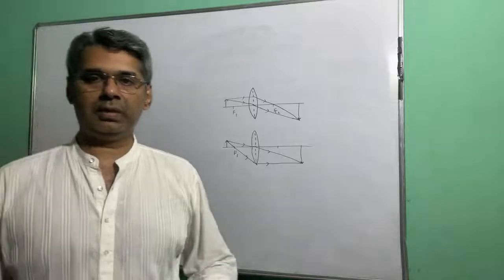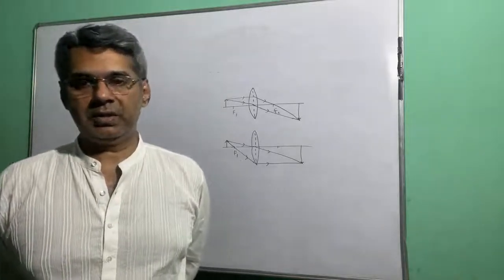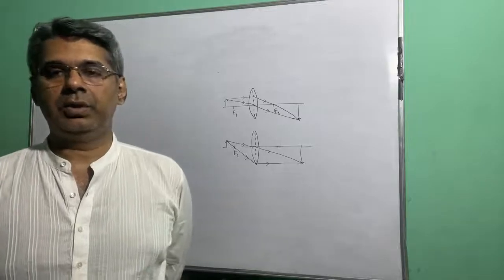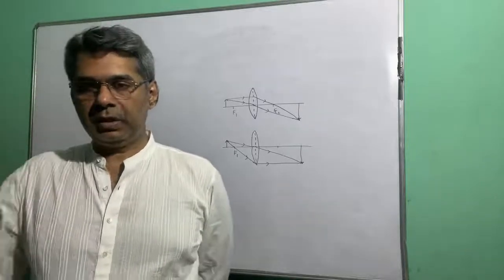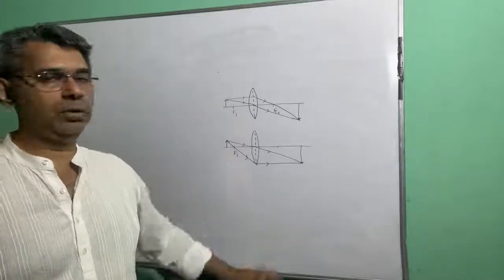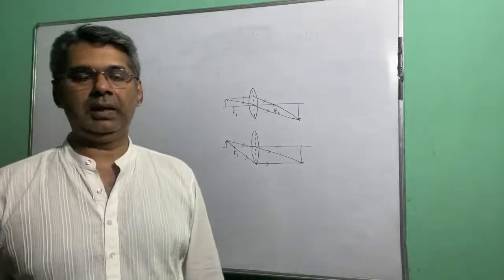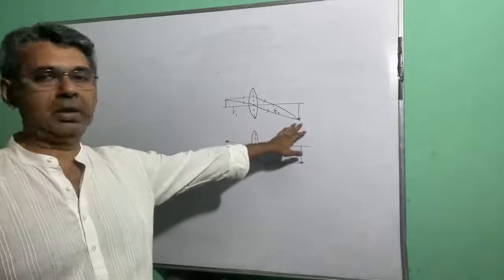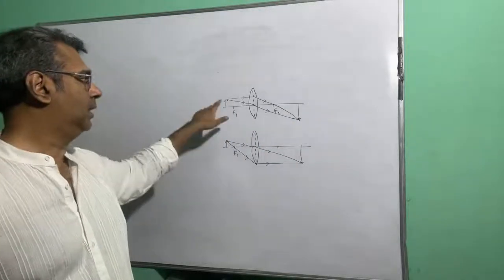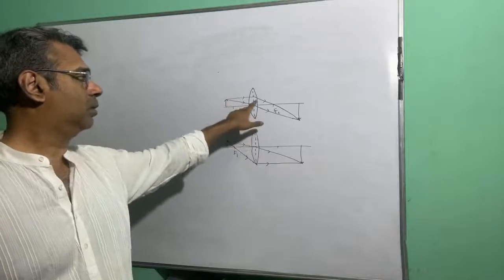Now your homework for the next session. We are not going to have any session tomorrow, as tomorrow is a Sunday. The next session will be on Monday. So your homework for the 9 p.m. session on Monday is that you will have to draw the corresponding two diagrams, the way I have got the image by taking the ray through optical center and the ray parallel to the principal axis.